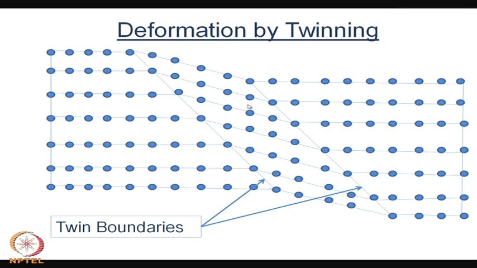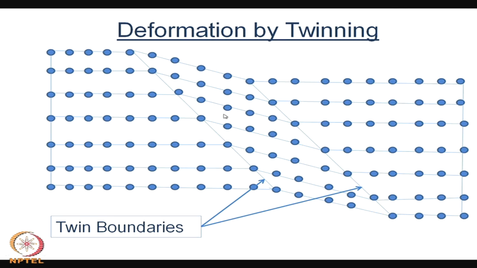They are not randomly displaced, but they are displaced in such a manner that they form a plane. This particular plane, which was a continuation of this one, has now shifted downwards, and in between a plane has come up which has a different orientation, but it remains a plane.